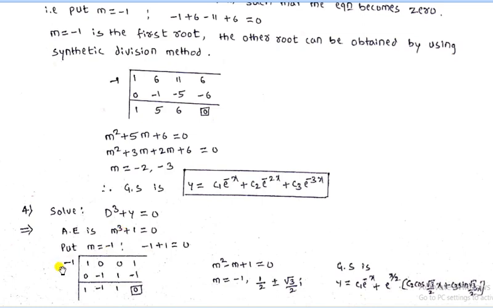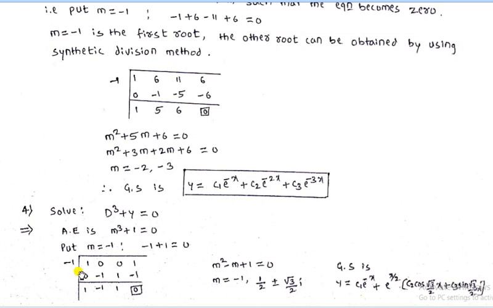Now by applying the synthetic division method, we calculate the remaining roots here. So use the coefficient of m cube as 1. In this equation the m square term is absent, so you have to consider its coefficient as 0. Similarly the m term is absent, its coefficient is considered as 0. So m cube, m square, m, and finally the constant. The constant is 1.